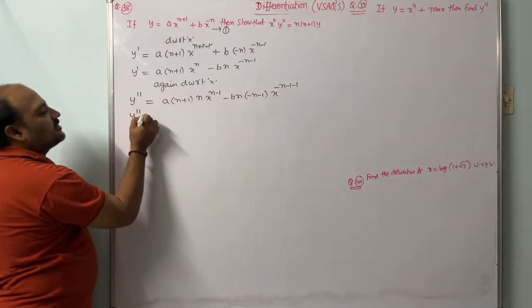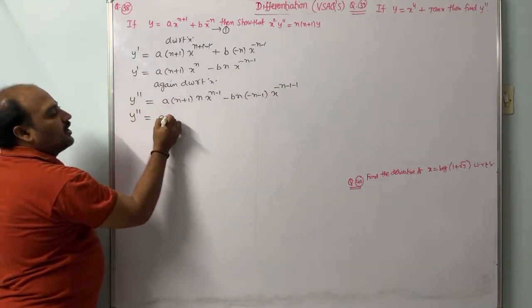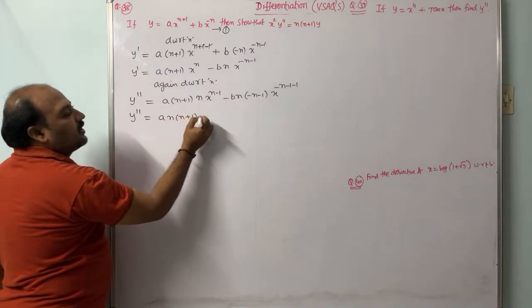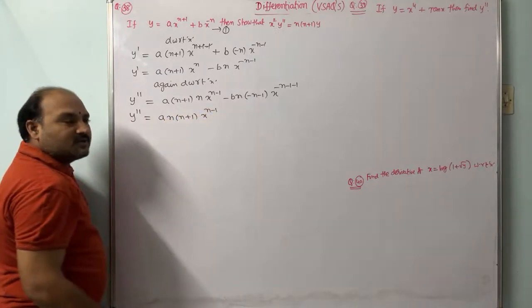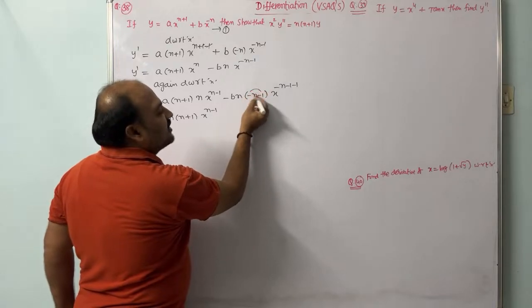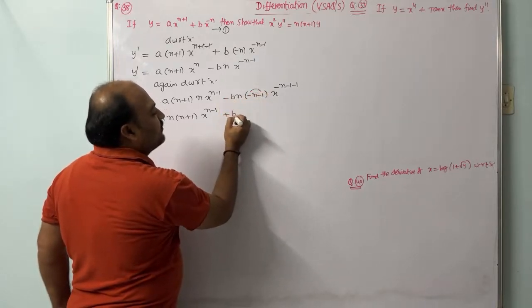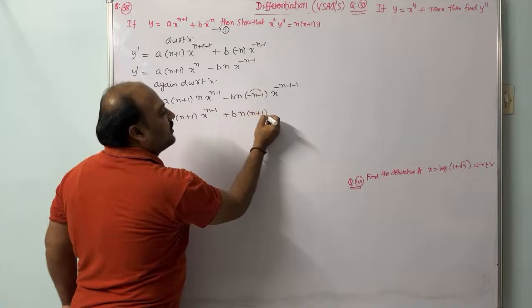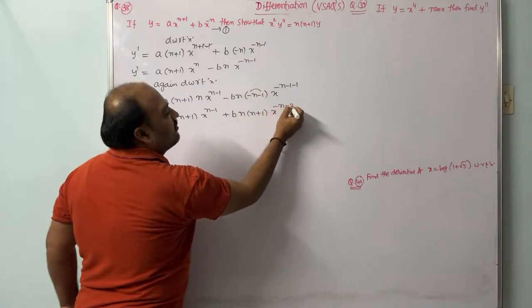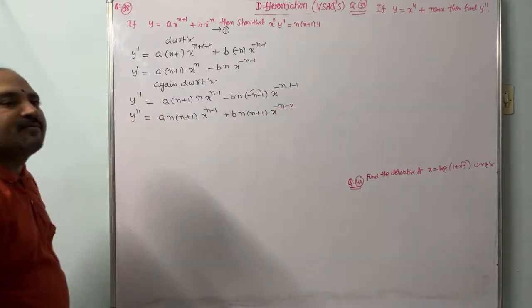So y double dash equal to a into n plus 1 into x power n minus 1. From these two, minus take common, minus into minus is plus, b into n plus 1 into x power minus n minus 2. Okay, dear students.